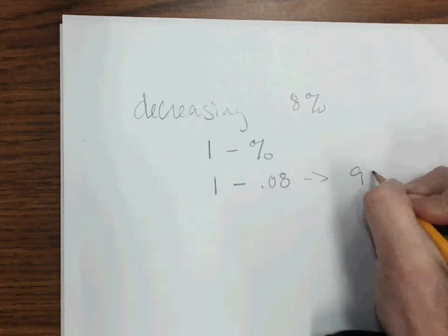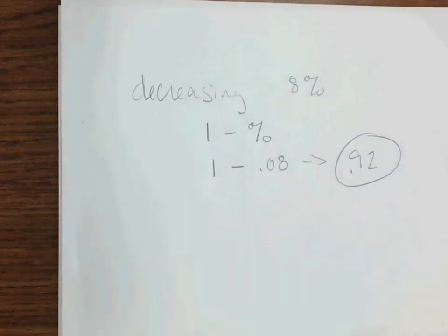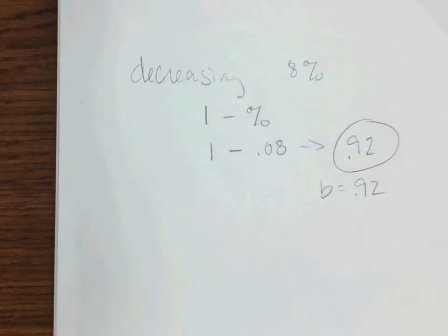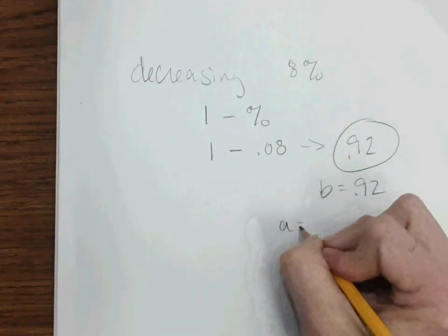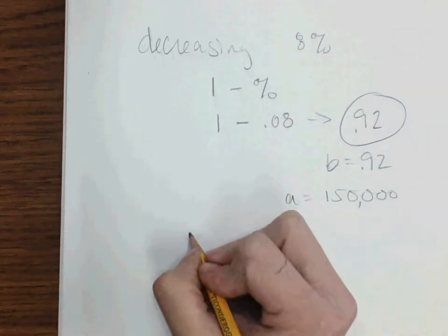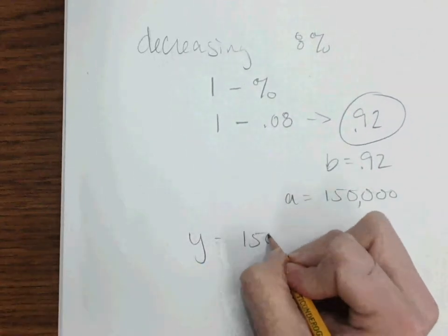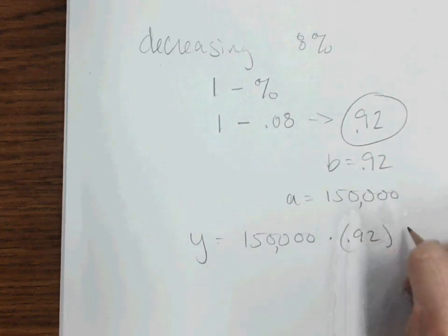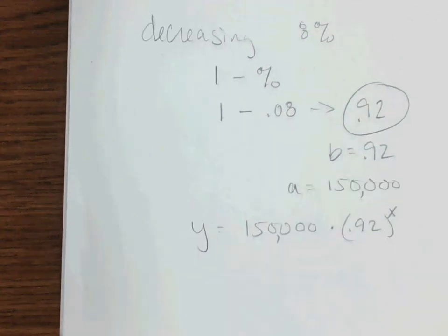That means that my multiplier is going to be 0.92. So I found my multiplier for my equation for y equals a times b to the x. My starting point is 150,000. So I know that my equation is going to be 150,000 times 0.92 to the x.